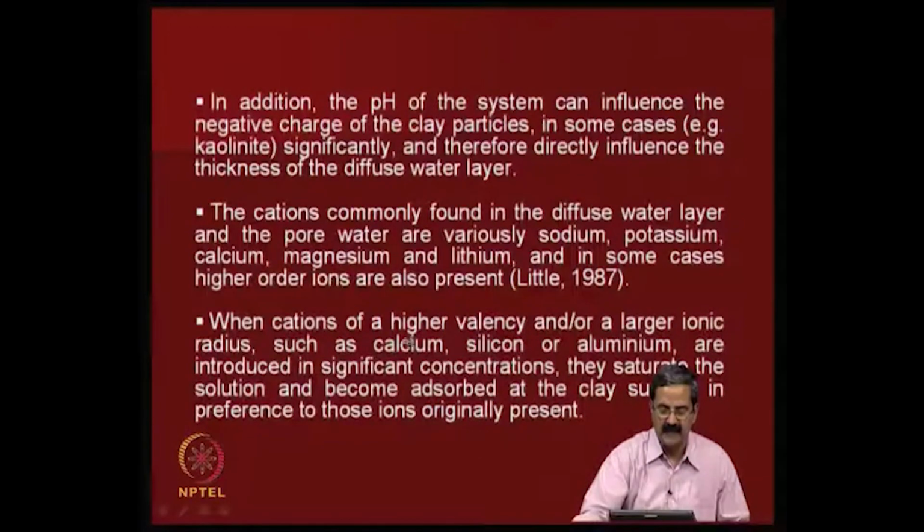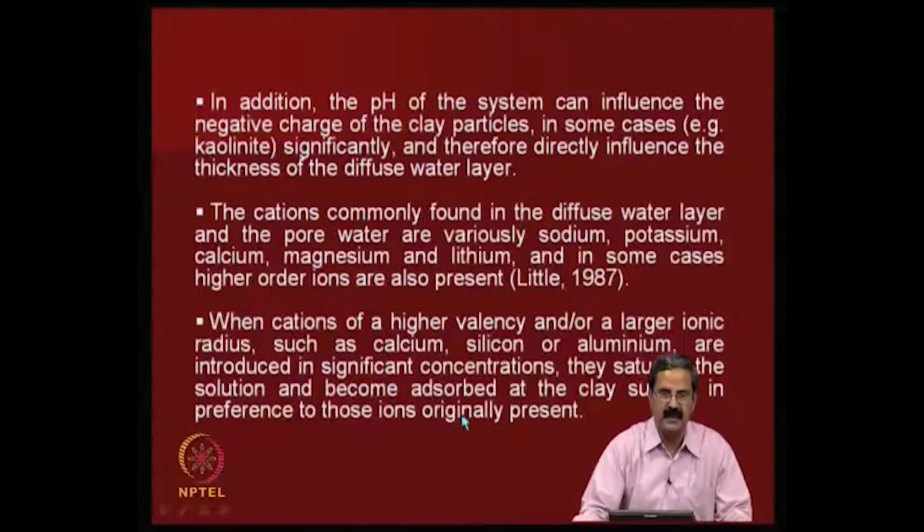When cations of high valency or large ionic radius, there are two things, both higher valency as well as large ionic radius, such as calcium, silicon or aluminum, are introduced in significant concentrations, they saturate the solution and become adsorbed at the clay surface in preference to those ions originally present.